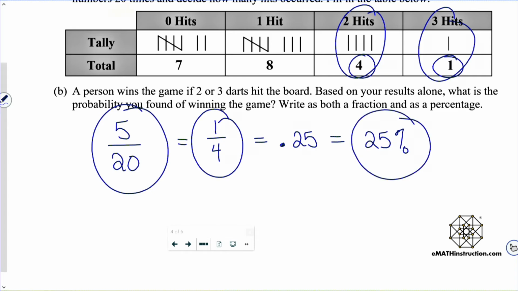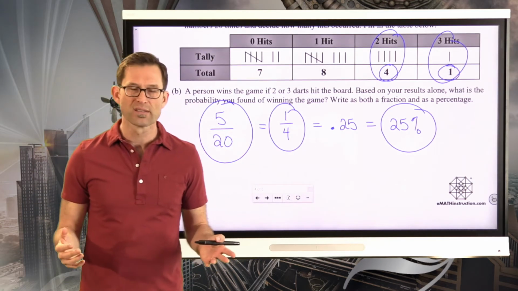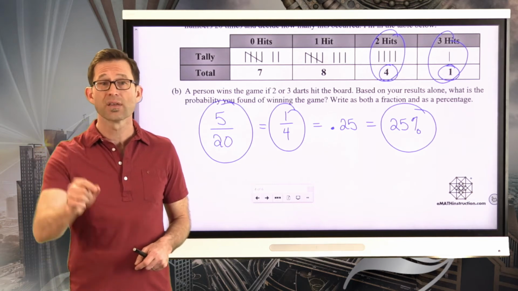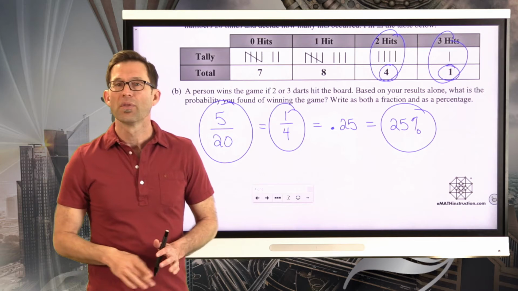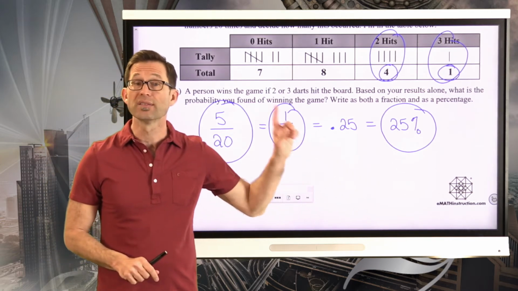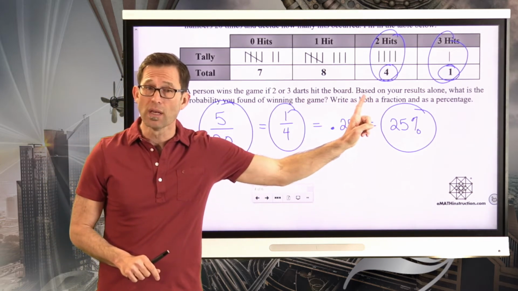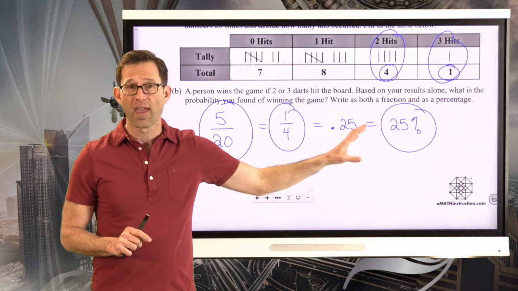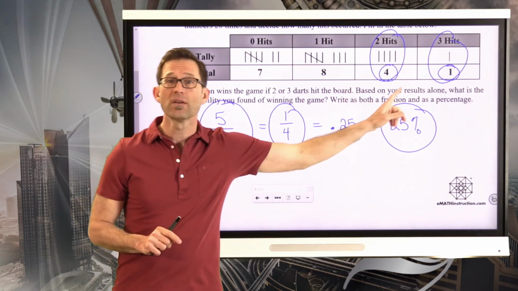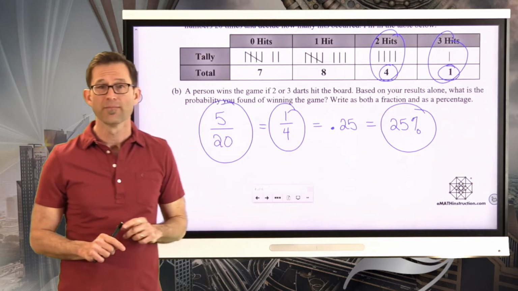It's kind of cool, isn't it? We've got what I would call layered percents here. There's a 30% chance that any given dart that I throw will land in the shaded area. But there's only a 25% chance in my simulation, it's my simulation, that I actually won the game, that I got either 2 darts in or 3 darts in.